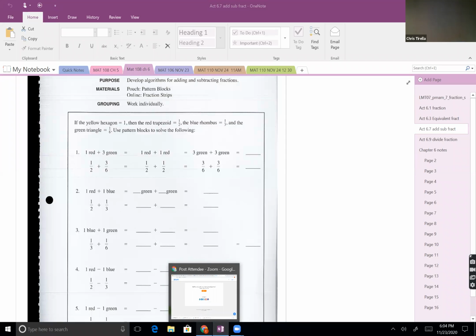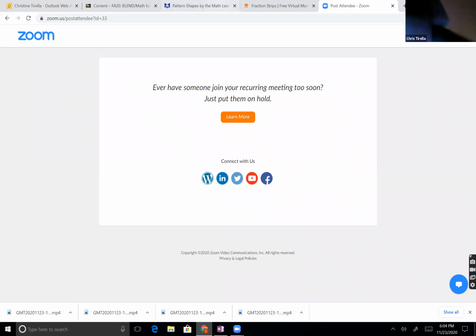And so then the red trapezoid is a half, the blue rhombus is a third, and the green triangle is a sixth. Do you folks have your pattern blocks out with you?